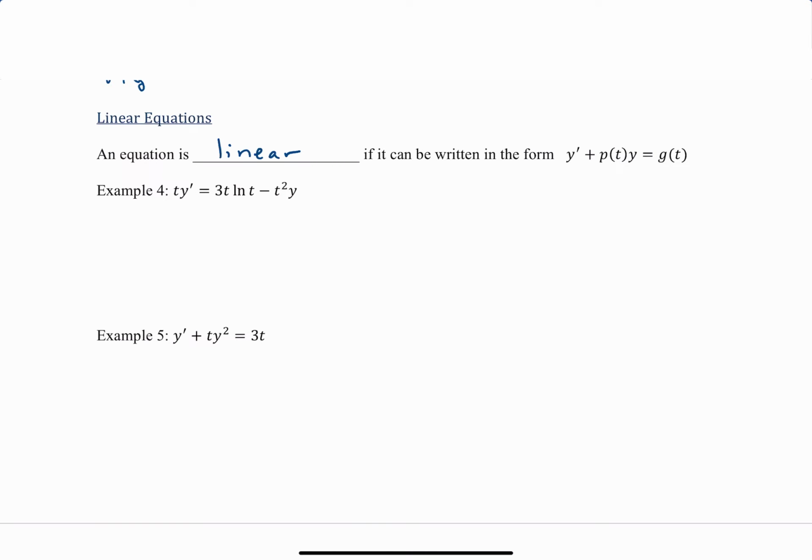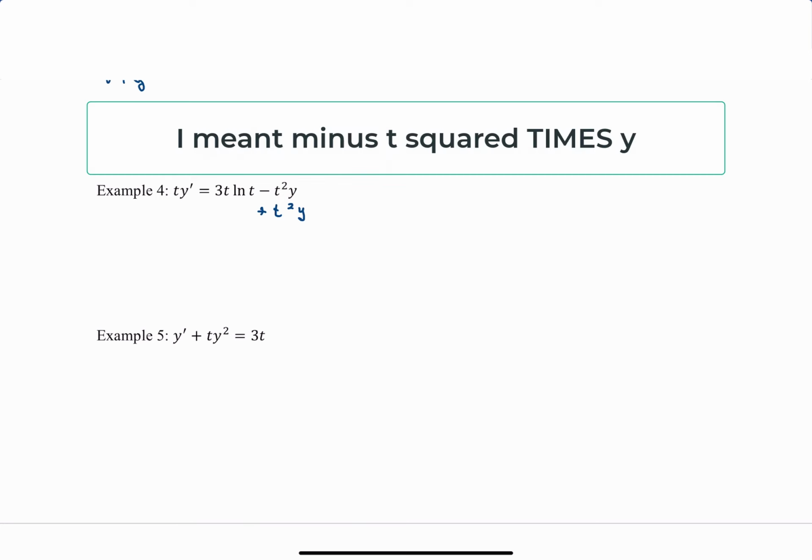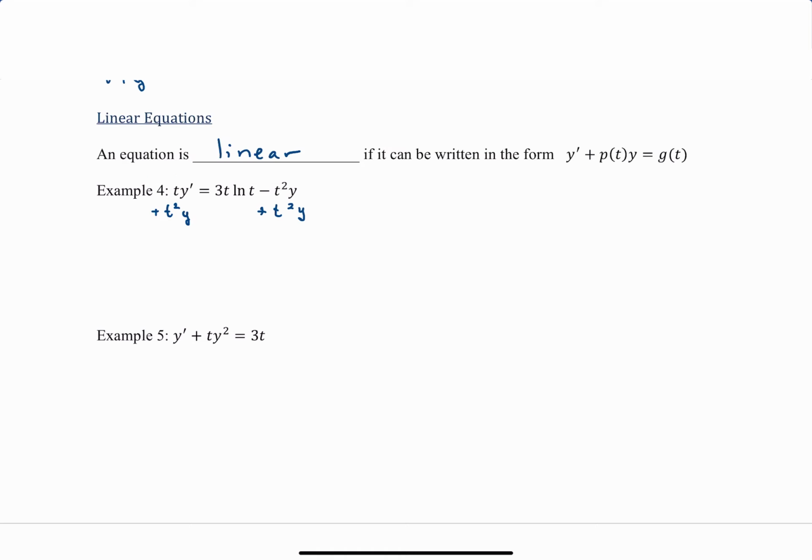So I guess I'm going to add, because we've got a minus t squared plus y that obviously contains a y, and so it needs to go to the other side with the y's. So at that point I'll have ty prime plus t squared y equals 3t ln of t. So I've achieved my goal of having only t's on the right-hand side.